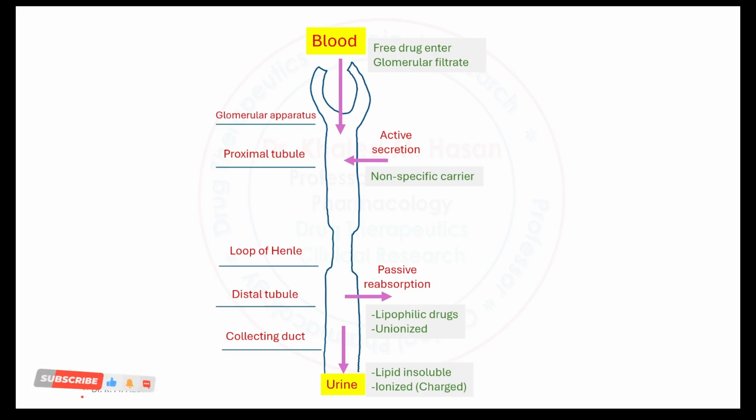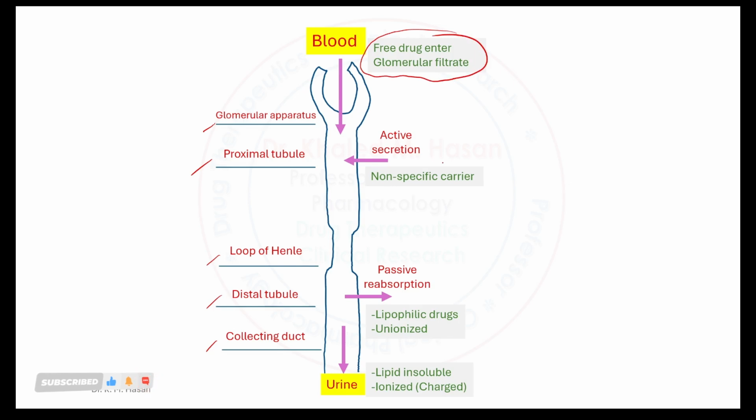Regarding drug elimination, we have the nephron here, which is considered the main unit of elimination in the kidneys. It has five main parts: the glomerular apparatus, proximal tubule, loop of Henle, distal tubules, and collecting ducts. In the glomerular filtration, the medication should be free to enter.